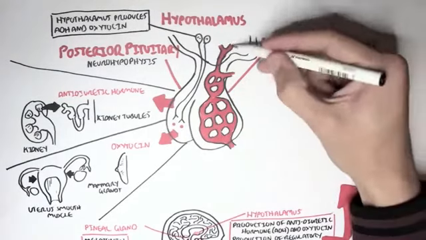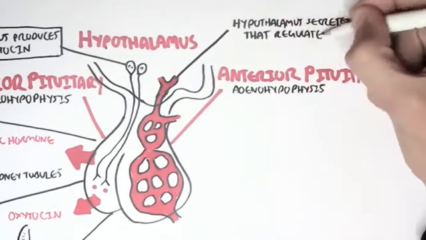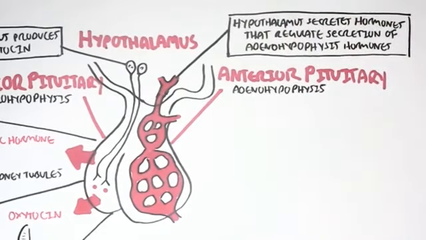The hypothalamus will secrete hormones that regulate the secretion of the anterior pituitary hormones. These are known as regulatory hormones, and once secreted, they will cause either stimulation or inhibition of the anterior pituitary hormones being secreted.